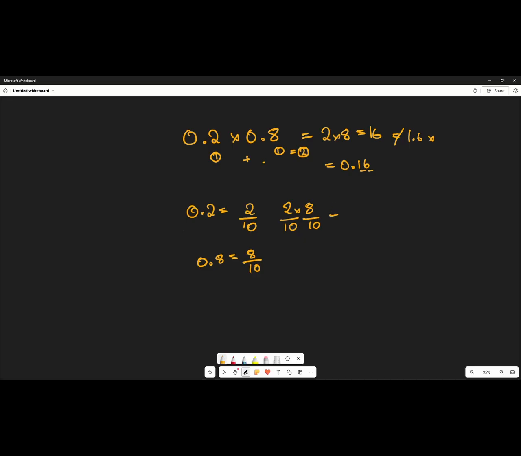So now you can cancel, 2 by 10 becomes 1 by 5, 8 by 10 becomes 4 by 5. You get 4 divided by 25. Now if you multiply this by 4, you get 4 into 4 by 25 into 4, so that we have an easy division. 16 by 100 becomes 0.16.